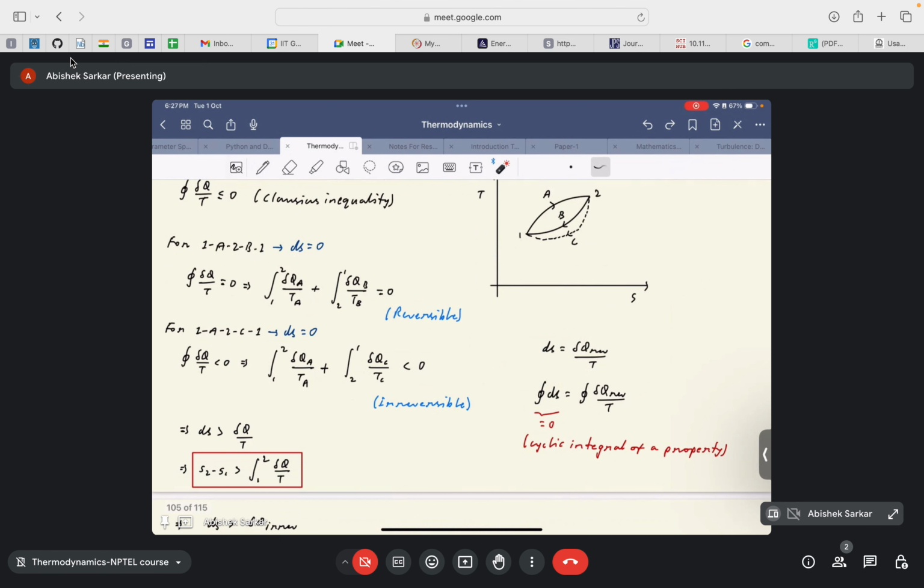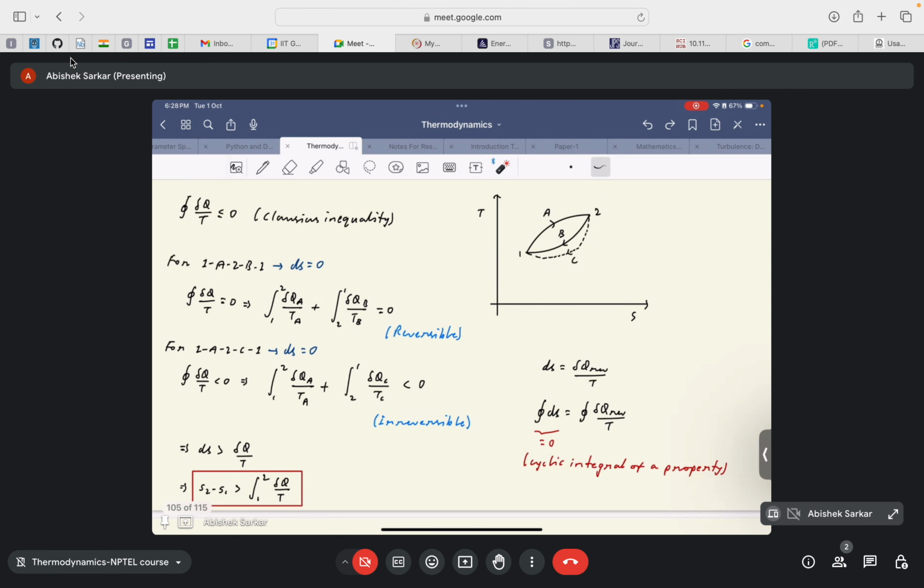But whether it be a reversible or an irreversible cycle, it doesn't matter in the case of a thermodynamic property. Whether the path used to achieve the cycle was reversible or irreversible, the change in the thermodynamic property won't depend on the path that was chosen. So dS would still be 0 for the cyclic integral in the case of an irreversible cycle.